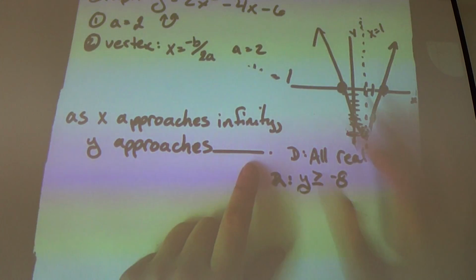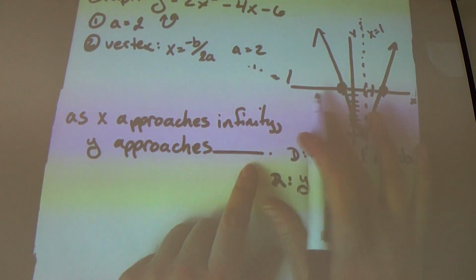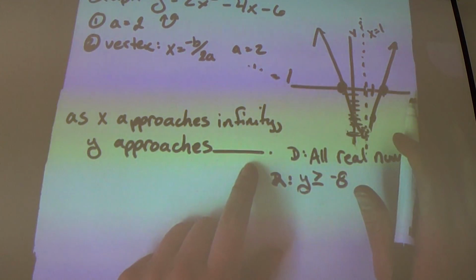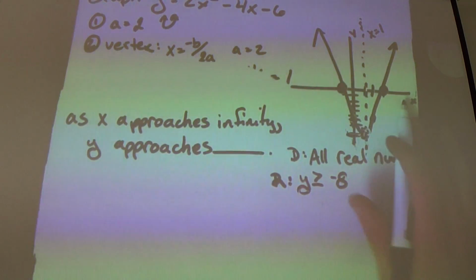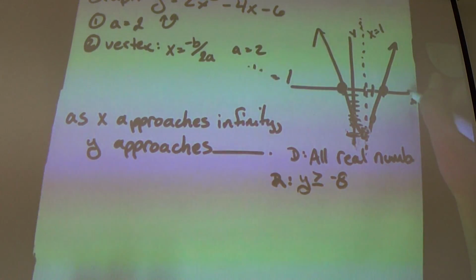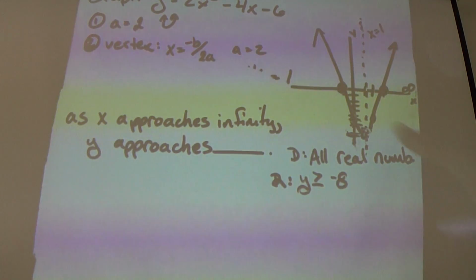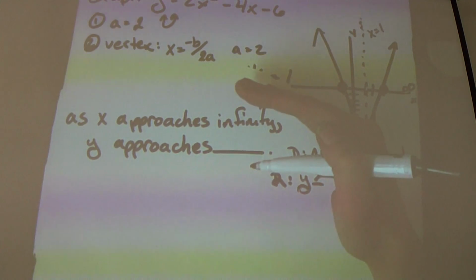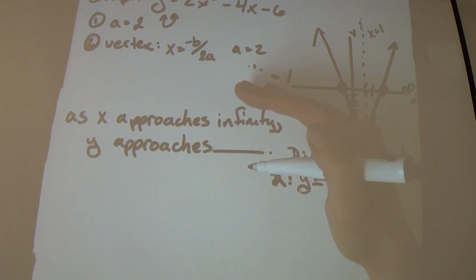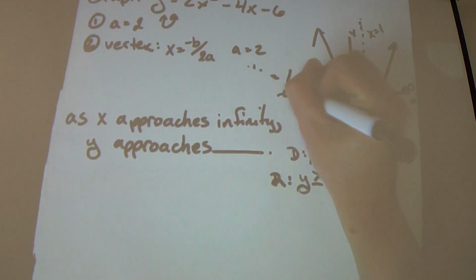Well, if I look at a number line, if I go all the way to the right, these x's are going to be all the way positive. So we call that infinity, marked with a sideways 8. If I go all the way left, we're talking about negative numbers, so we would call that negative infinity.